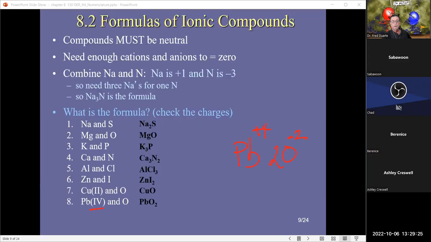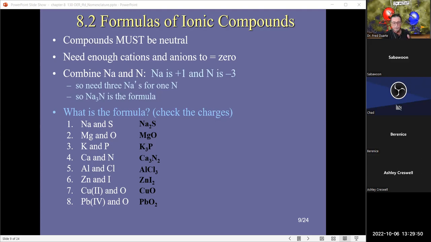PbO2. All right, let's go over the names for a second. In this case, you were given the element. From the element, you converted to those 2 ions, okay? Or you were told what ion you're working with. And from the ions, you put them together with sufficient cations and anions so that when they combine, they end up with a net charge of 0.